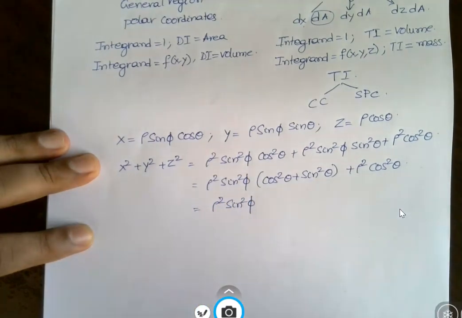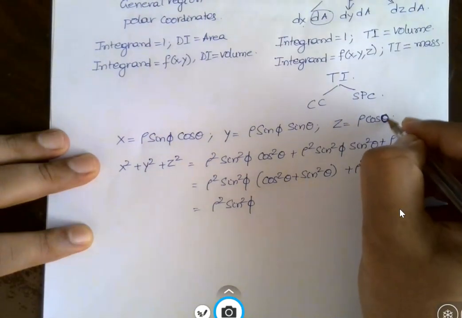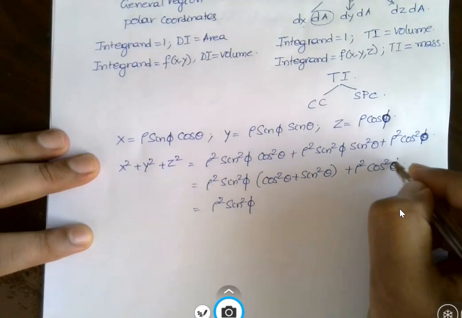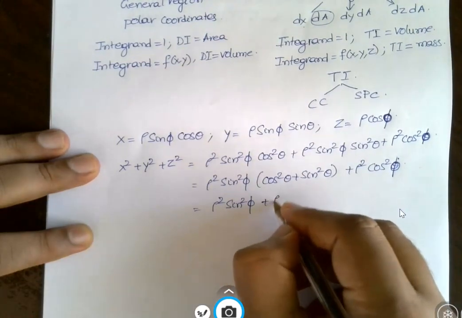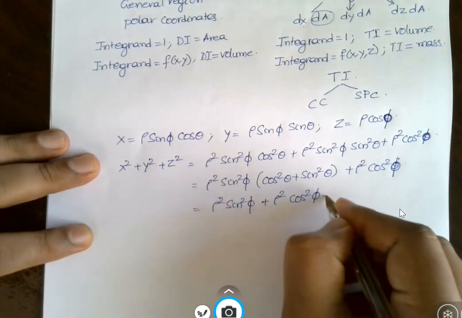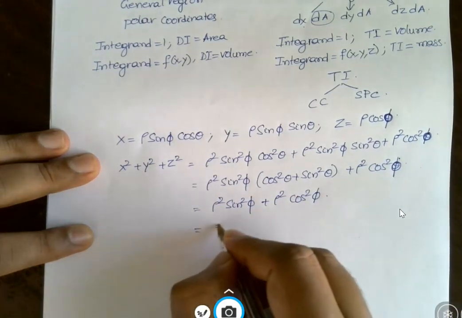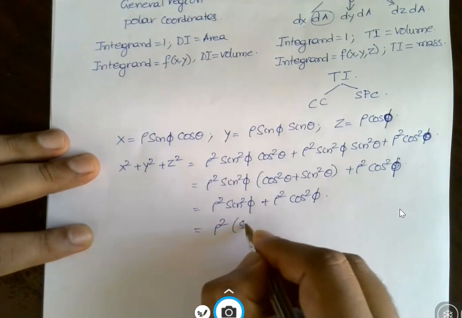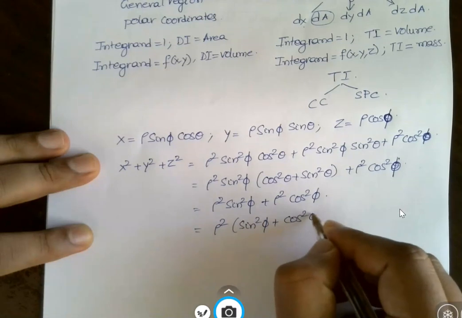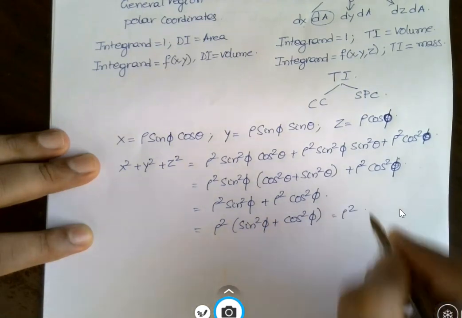Oh, z should have been rho cosine phi, not theta. Then that's rho squared cosine squared phi. So now you can factor out rho squared: sine squared phi plus cosine squared phi, so that's going to be rho squared.